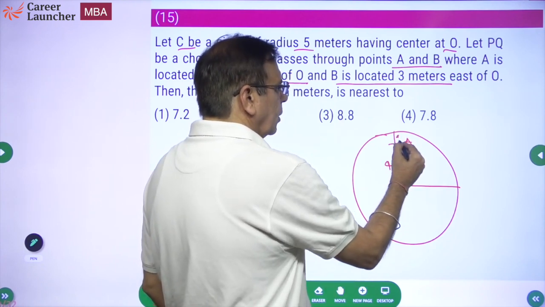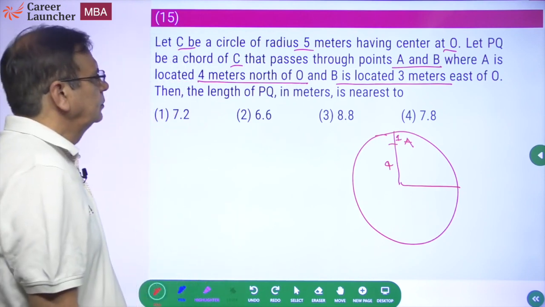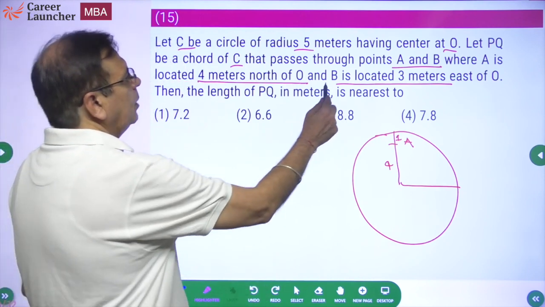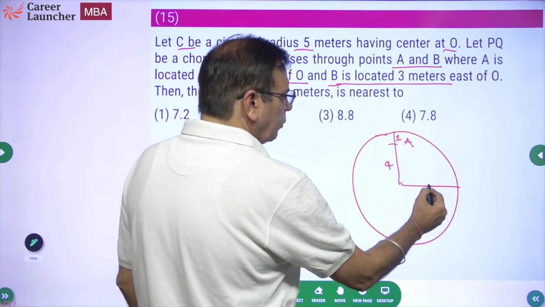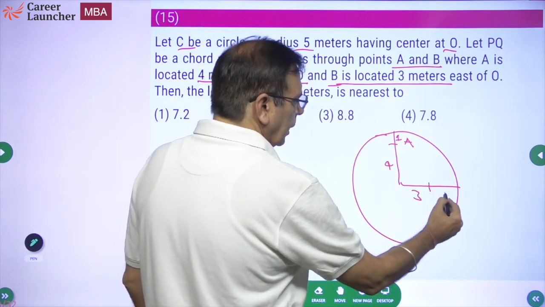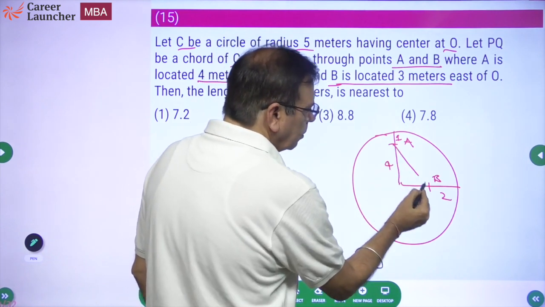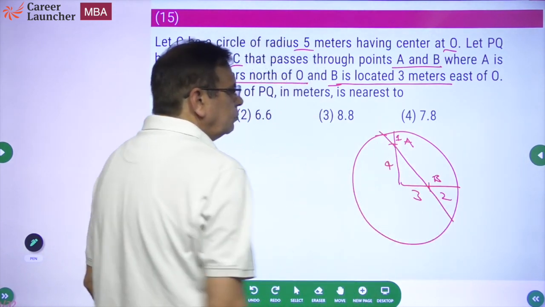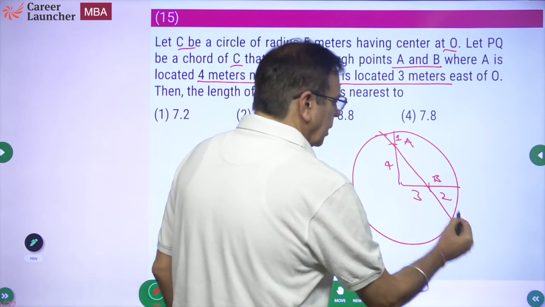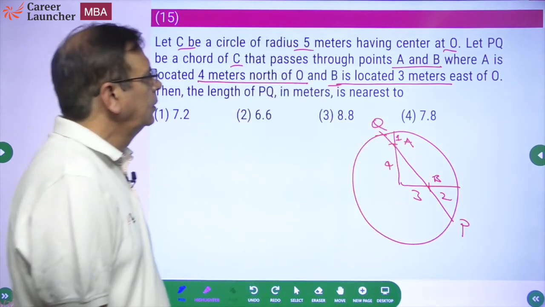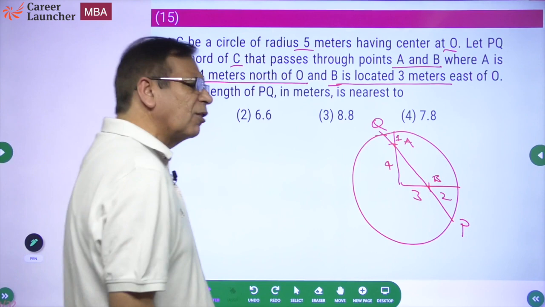The radius is 5, so this should be 1. Right? Okay. And B is located 3 meters to the east of O. So 3, so this is 2. And this is B. So how is PQ? This is PQ. This is P. This is Q. Right? What do we need to find? We need to find the length of PQ.